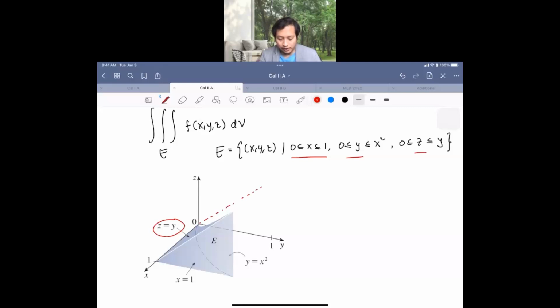And then we need to project this line onto these sides of the solid, and this will be our z equal y. Okay, because z equal y is a plane, right? It's a plane like that. You have to imagine that it is a long plane like that, right?